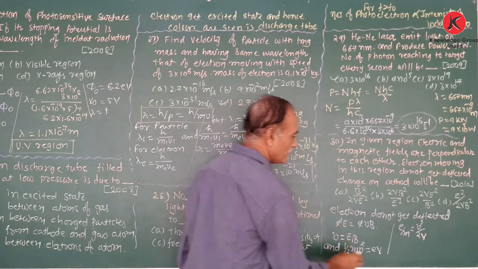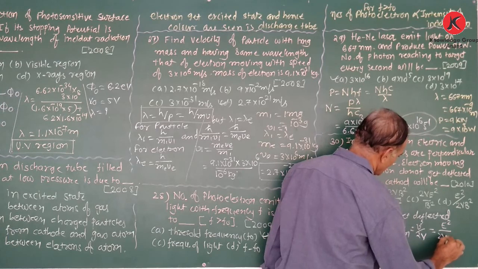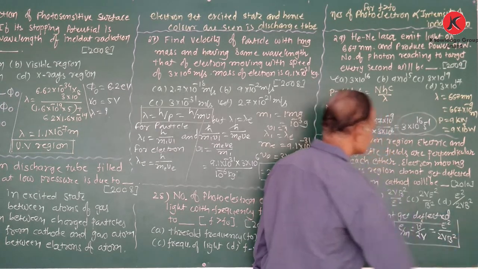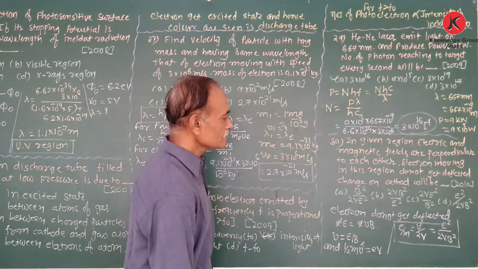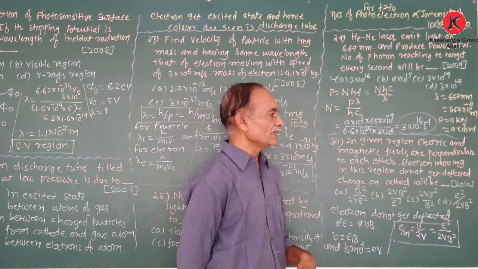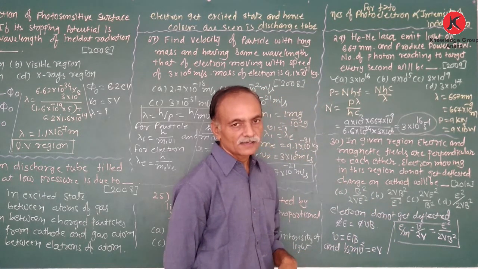Substitute the value of v, therefore E square upon 2V B square. That is the answer for e by m. So that is the charge on the cathode. e by m is equal to E square upon 2V B square.